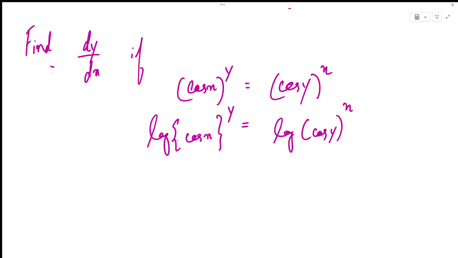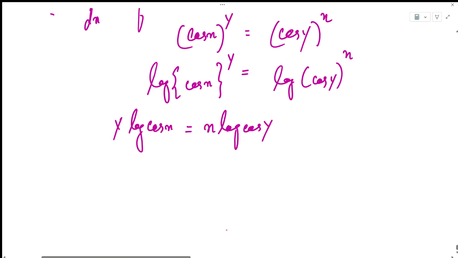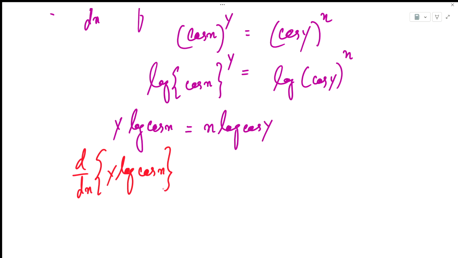So this y will come forward. This will become y log of cos x, and this is x log of cos y. Now if I differentiate both sides here, d by dx of y log cos x will be equal to d by dx of x log cos y.